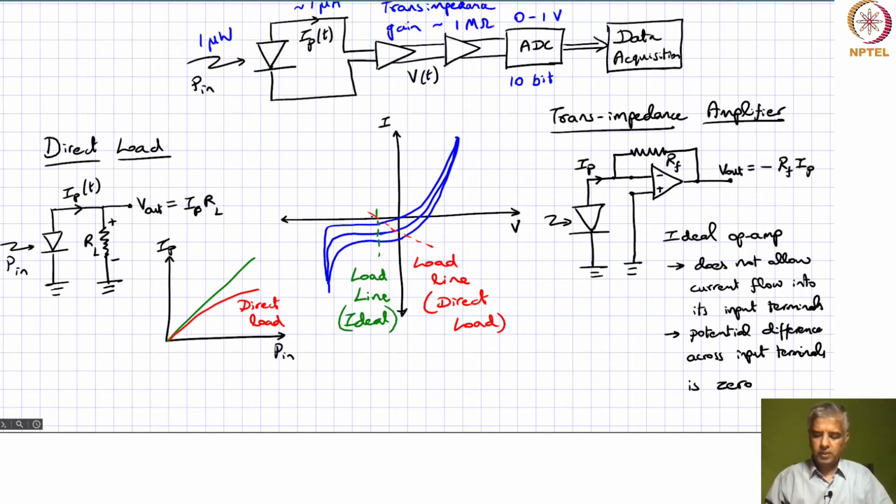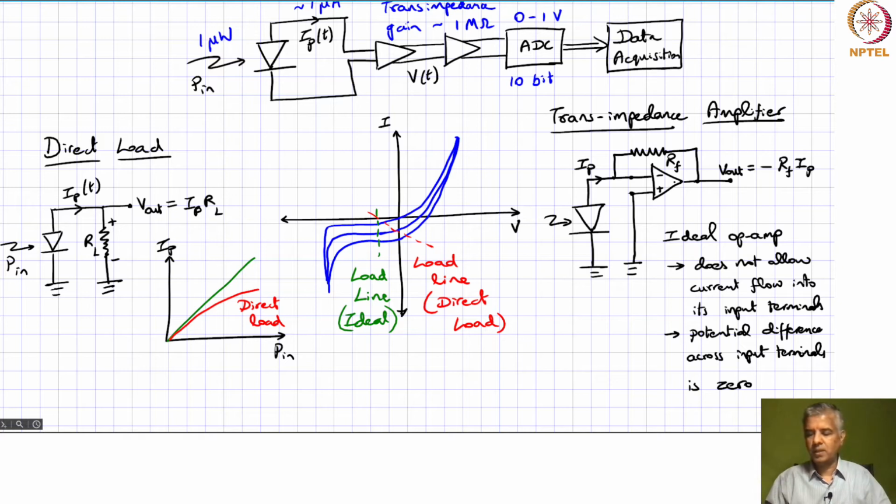So how is this different from the direct load case? In direct load, the load line is slanted, which means that it limits the current you can extract, whereas with this transimpedance amplifier there is no such restriction. Well, eventually there is a restriction, because there is only so much current that this op amp can provide to nullify the potential difference at the inputs.